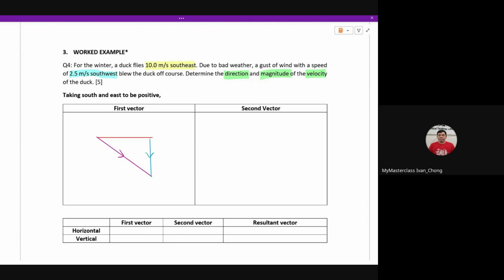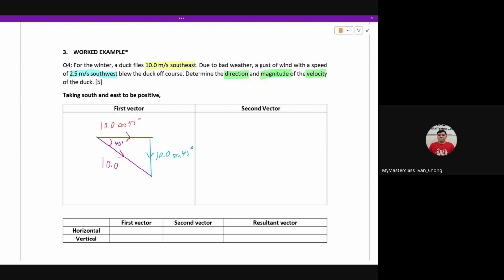You have your two values over here, and they tell you this is 45 degrees southeast, which means this angle is 45. So this is 10.0. What we have on top here, because it's adjacent, is 10.0 cosine 45. And for your blue color, it is 10.0 sine 45.